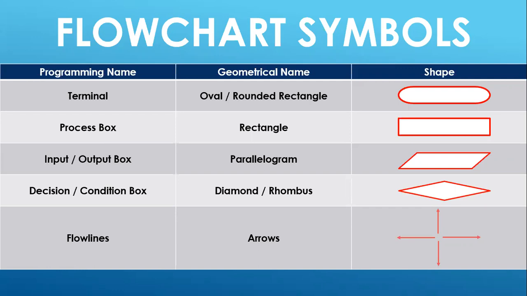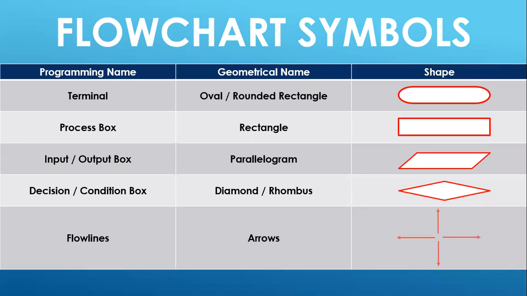That is called a parallelogram. In flowcharting, it is known as the input output box. Whenever we place an input statement or an output statement in our pseudocode or program, we need to draw a parallelogram at the same stage in the flowchart.